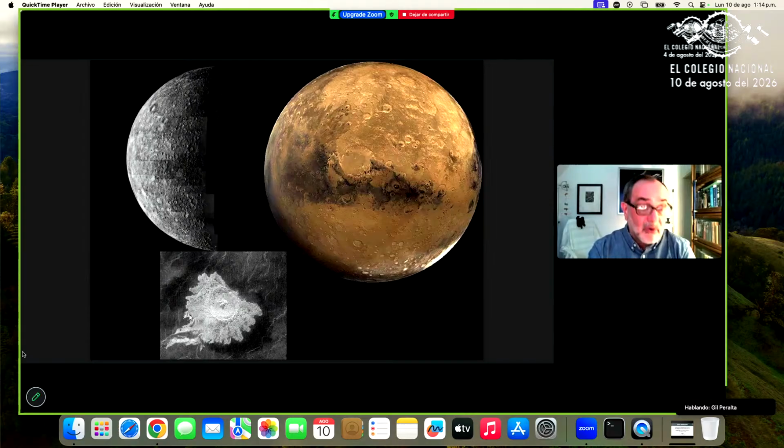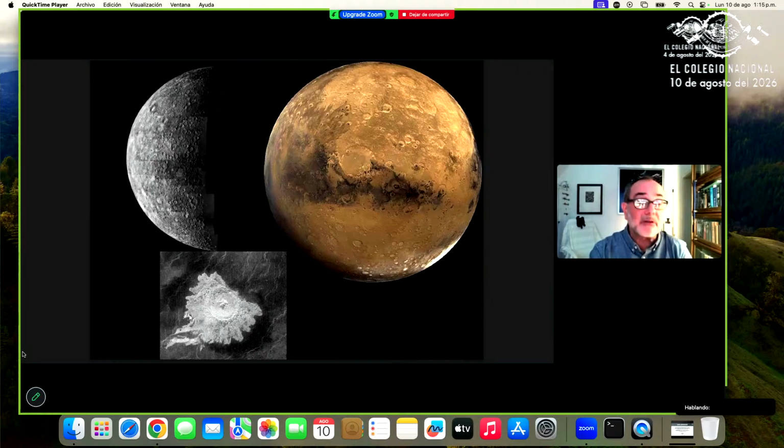On the bottom, we see one crater in a radar image on the surface of our neighboring planet, Venus. Venus is almost as big as the Earth, but it has a very thick atmosphere, mostly carbon dioxide, and it has dense clouds. They prevent us from seeing the surface of Venus optically, but we can use radar, and several spacecraft have orbited Venus.